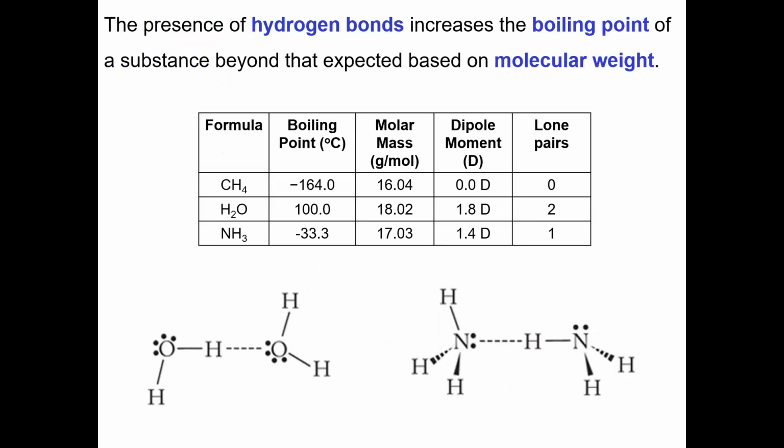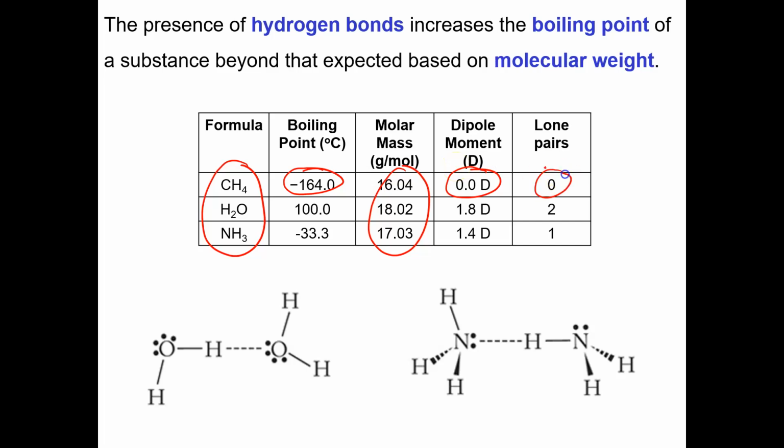However, what we tend to see is if we have a series of molecules that have similar molar mass, in this case 17 plus or minus 1, that the presence of hydrogen bonds radically increases the boiling point. So in the case of methane, this is a completely nonpolar molecule.